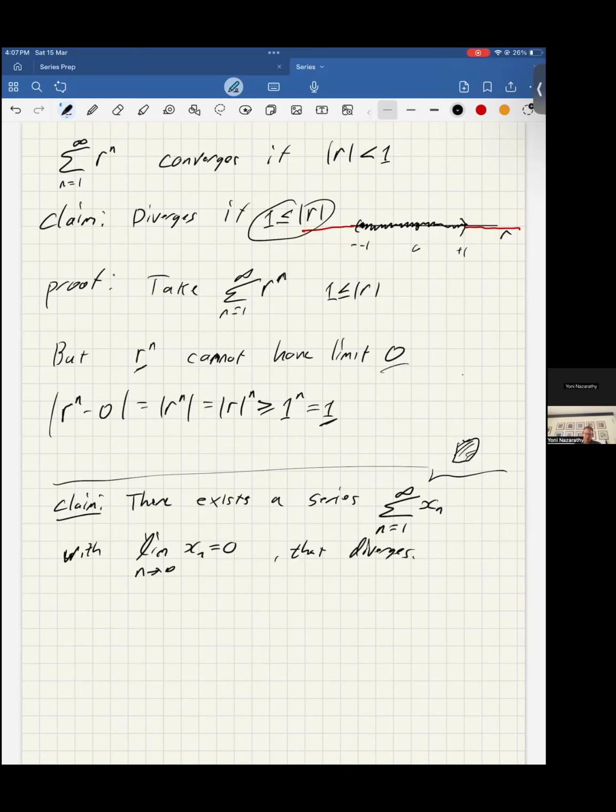So the series still diverges. Proof: the harmonic series.